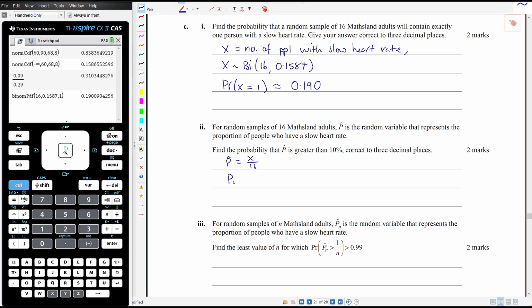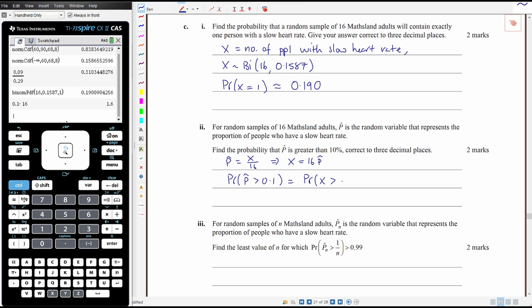If we want the probability that p hat is greater than 0.1, then X is 16 times p hat, so X is greater than 0.1 times 16, X is greater than 1.6. Given X is a discrete variable, that means the probability that X is bigger than or equal to 2 is what we want.